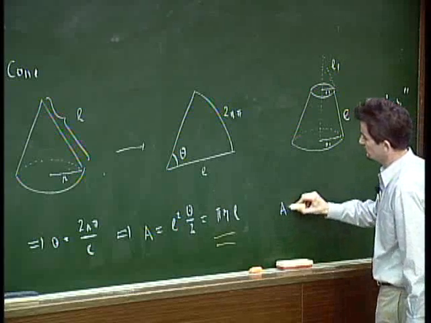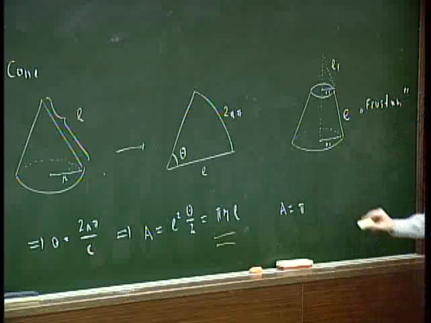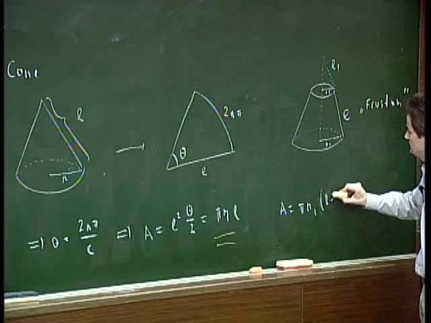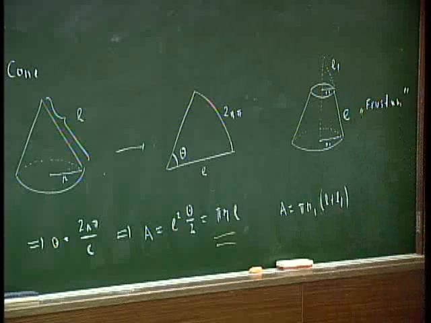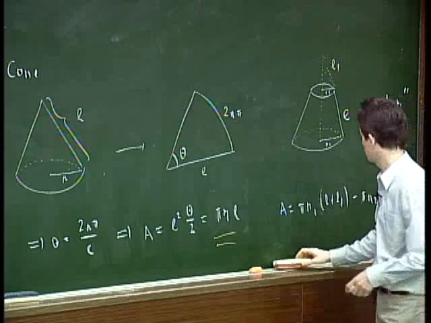So what we do is we take the lateral area of everything, L plus L1, and we subtract the piece on the top, so minus pi times R2 times L1.